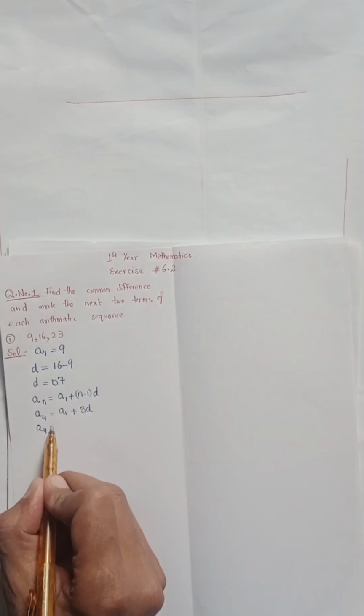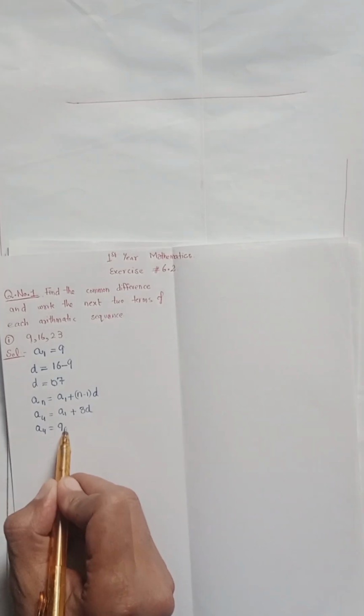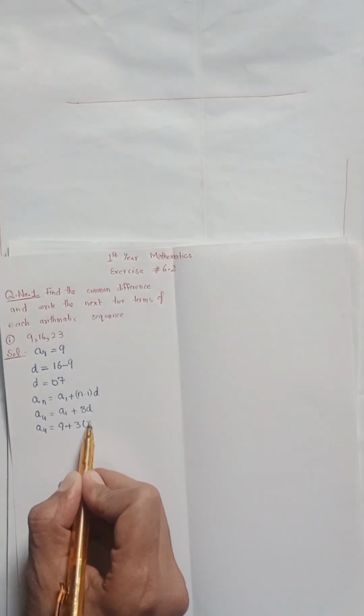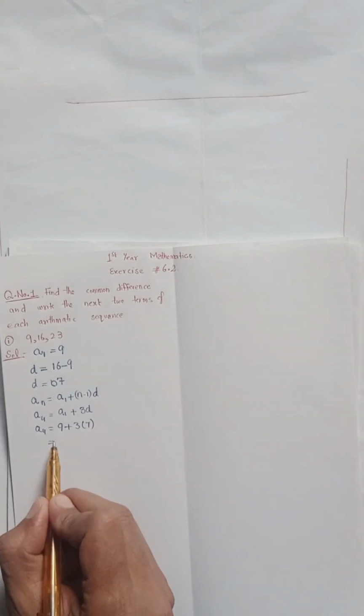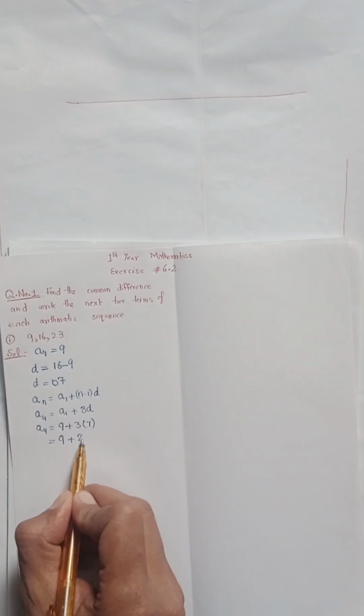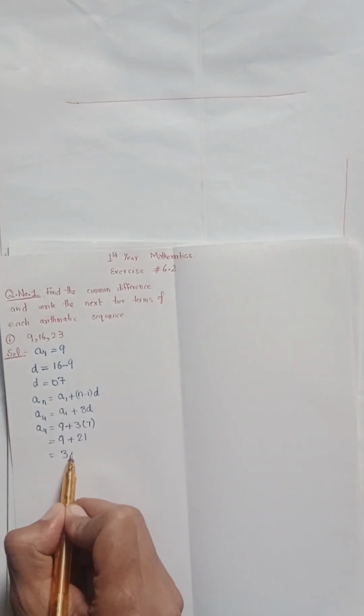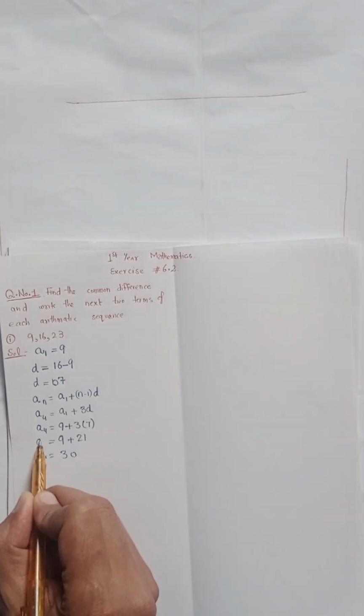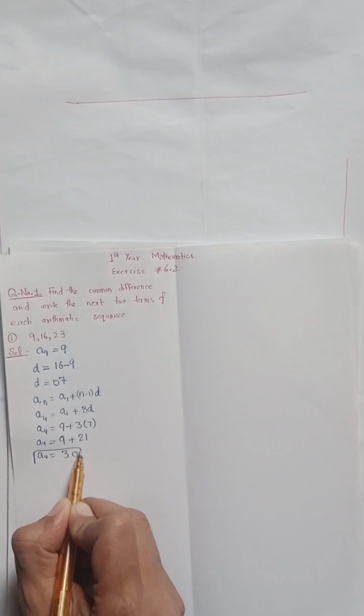a4 equals 9 plus 3 into 7, that becomes 30. A4 is 30.